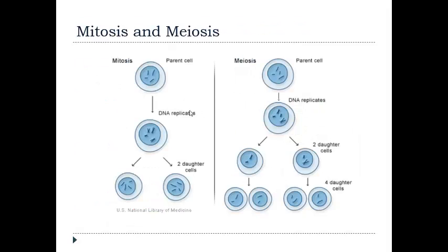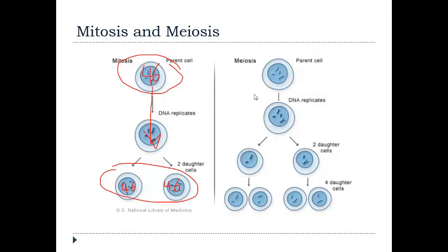And looking at the two diagrams together, remember we start with 46 here. We end up with 46 here and here. So our cells that are produced are still diploid and exactly the same, asexually reproduced. In the case of meiosis, we have two divisions.